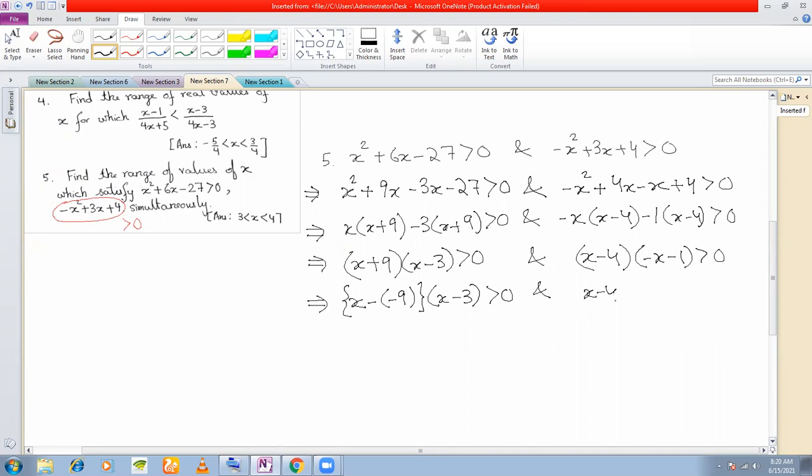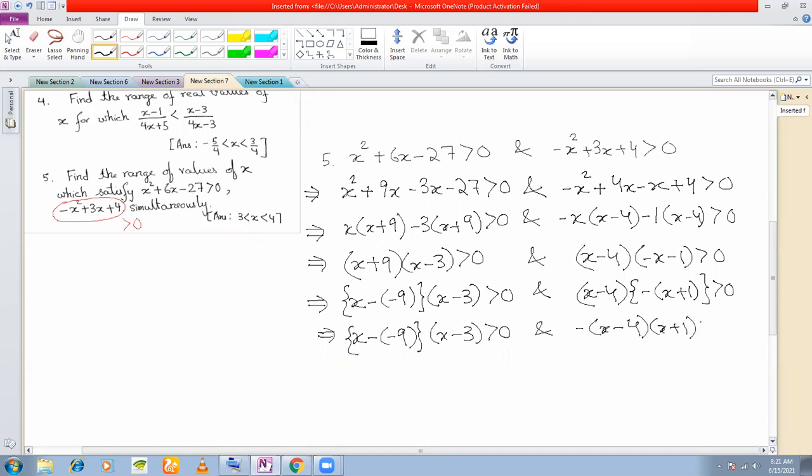So x minus 4 you write as it is, but you take minus common from here to get x plus 1. So now you get x minus of minus 9 into x minus 3 greater than 0 and minus x minus 4 into x plus 1 is greater than 0.